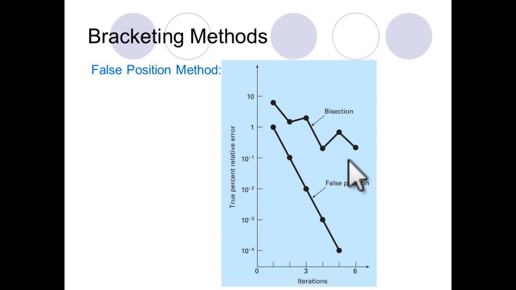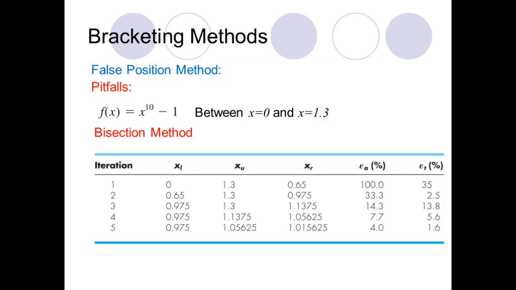So why does it happen? If we plot the function within the interval that we are looking at, we constantly draw a line between the lower bound and upper bound, but the function that we want to find the root of has an almost flat bottom.